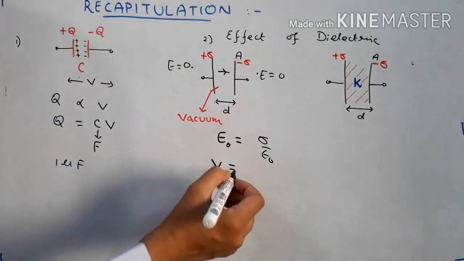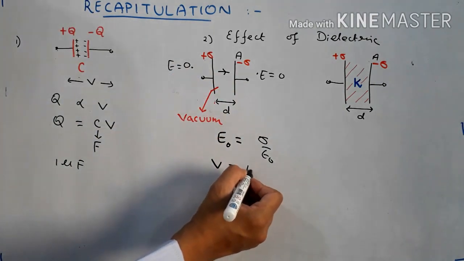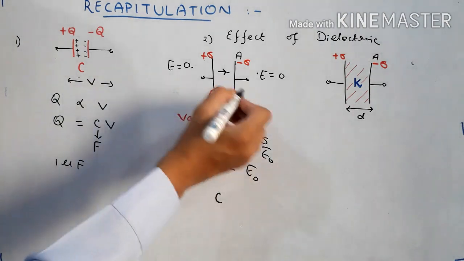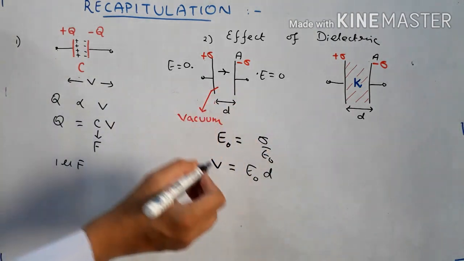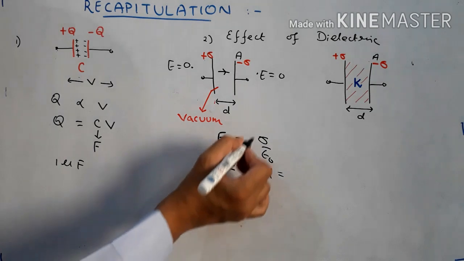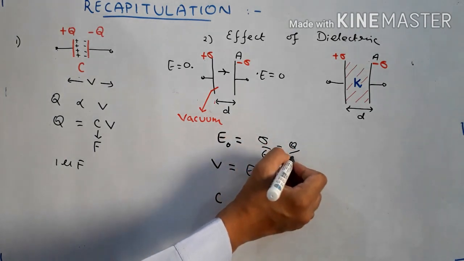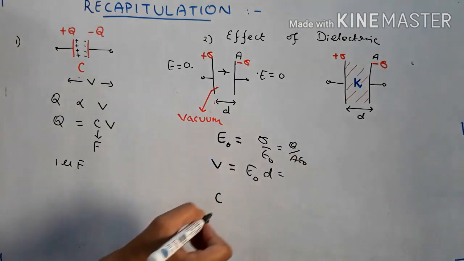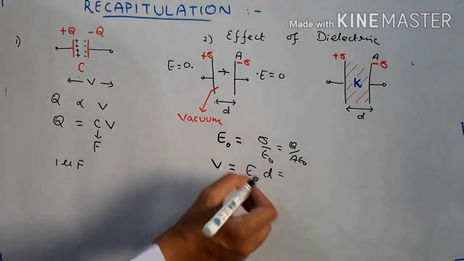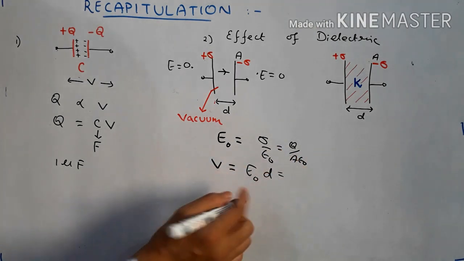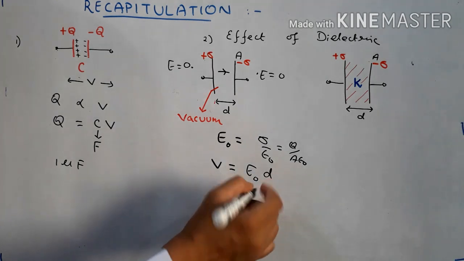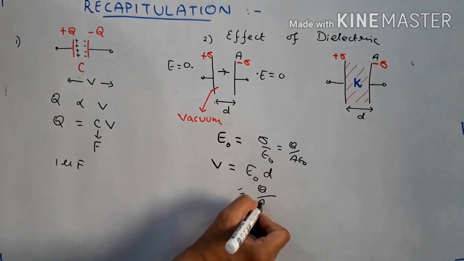Potential difference between the plates of the capacitor will be the electric field times the distance d, that is E naught times d. Now E naught is sigma by epsilon naught, and sigma can be written as charge per unit area, Q by A. So V becomes E naught d, that is Q d upon A epsilon naught.